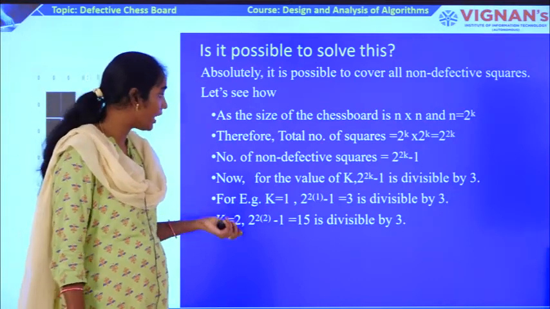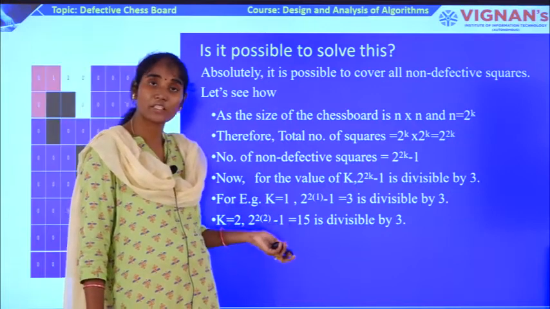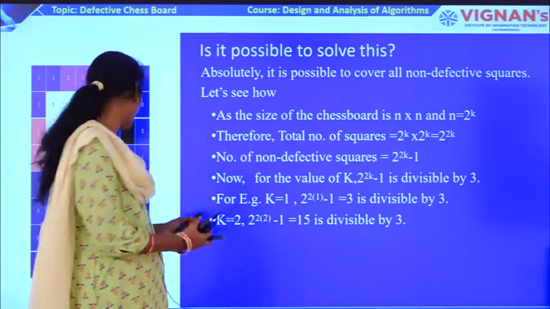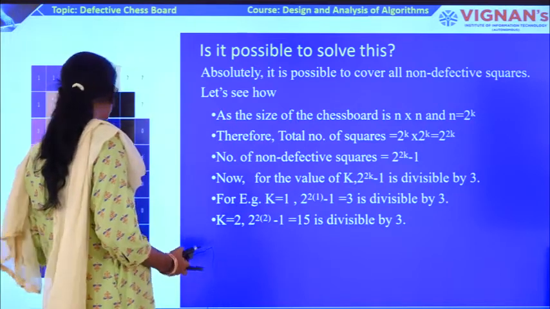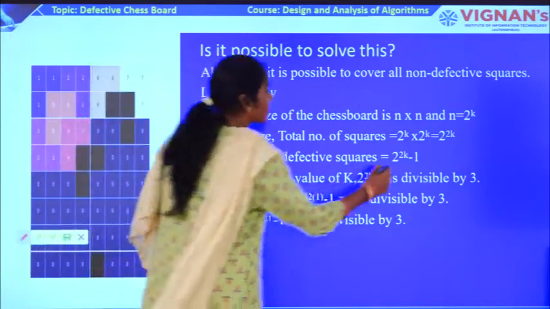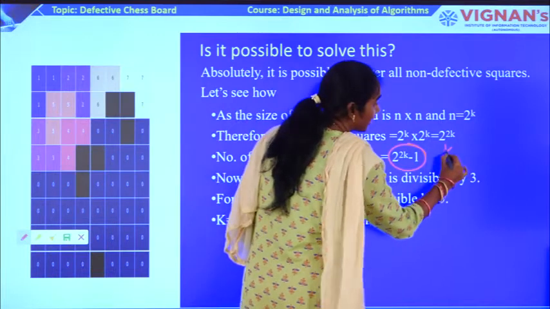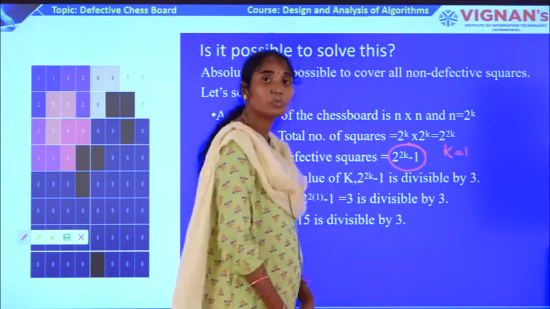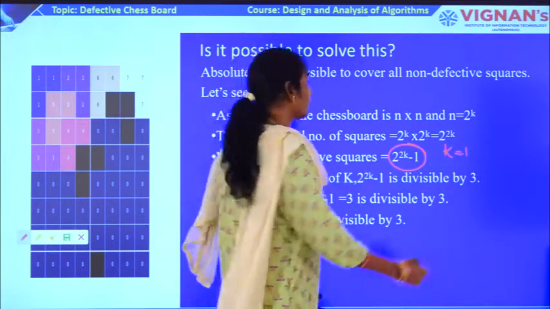Now, for the value of k, for example, let us take k equal to 1. Then 2 to the power of 2k minus 1 is 2 squared minus 1, which is 4 minus 1, which is 3.